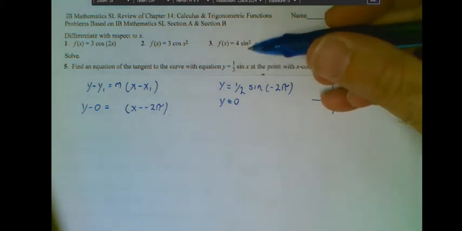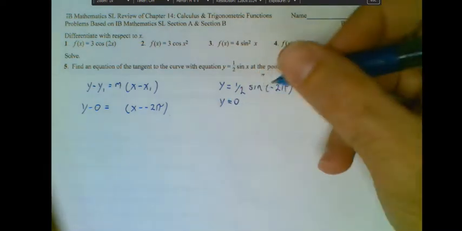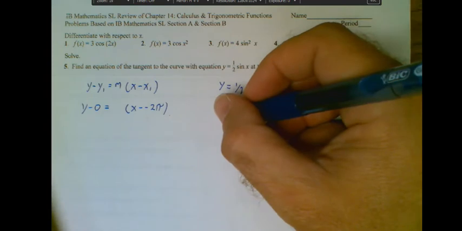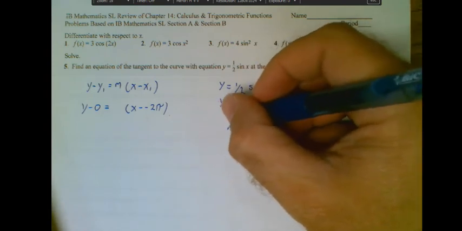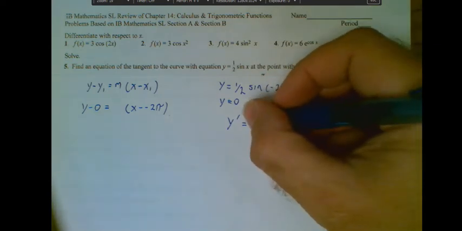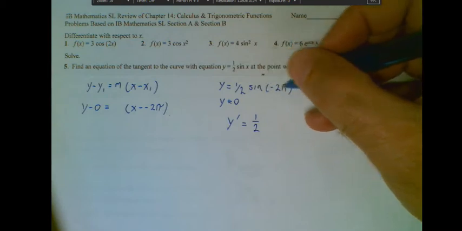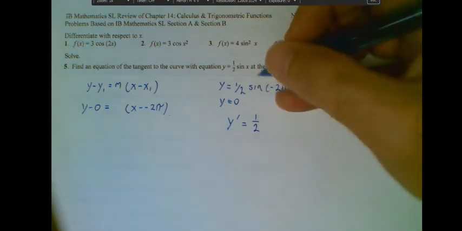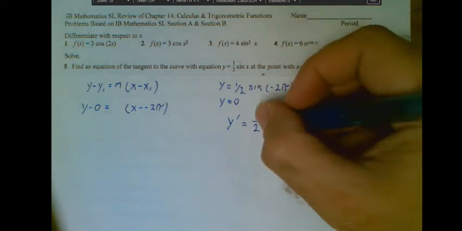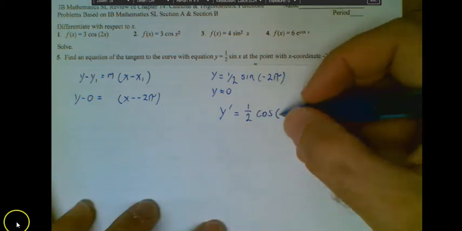So just like we did up above, I need to find the derivative of my function. So from y equals 1/2 sine x, we keep the 1/2 out front, just like we did in the first 4 examples. The derivative of the sine of something, we know that derivative of sine is cosine. So I have the cosine of x.